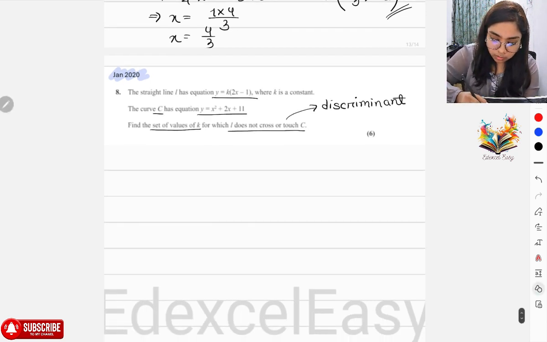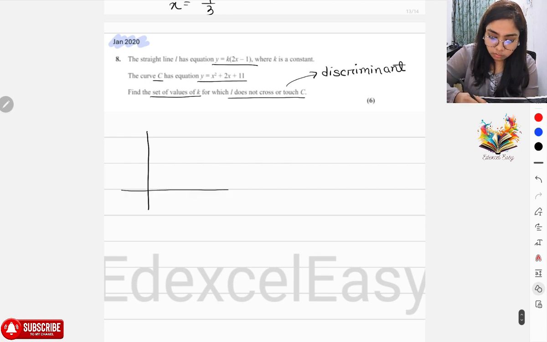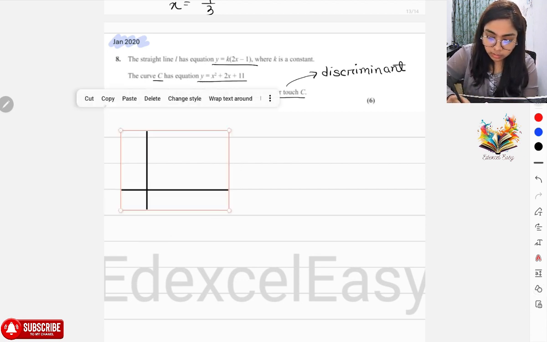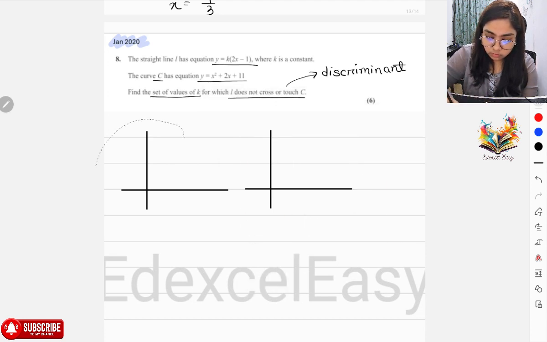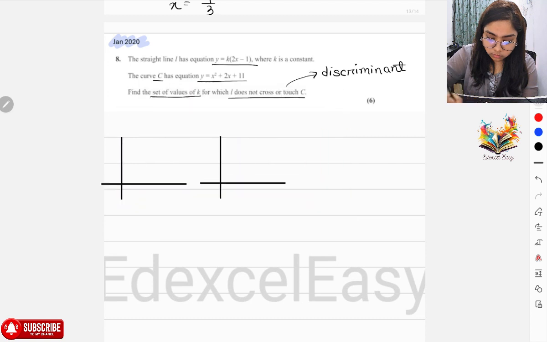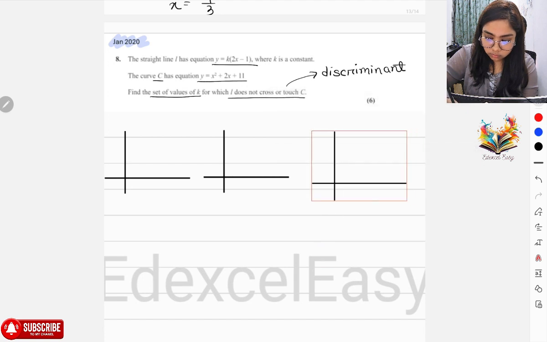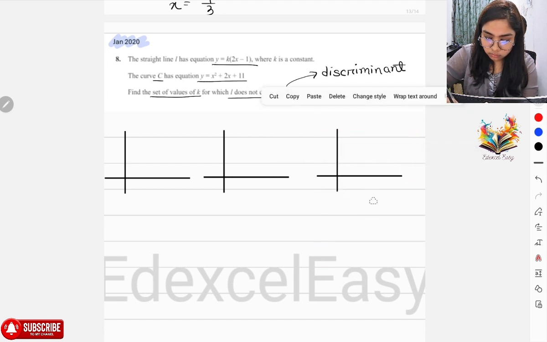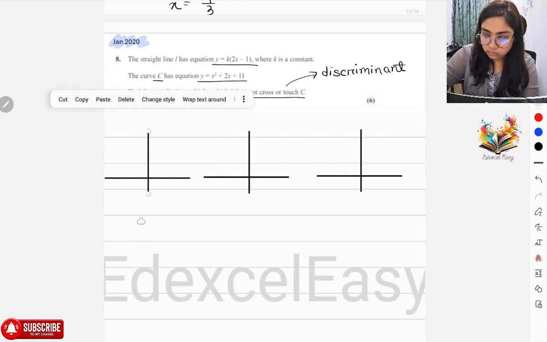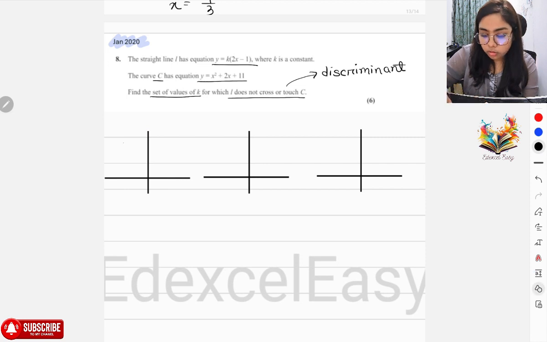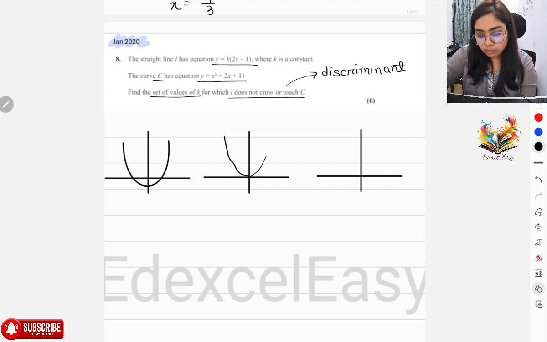Now, if you guys remember how to calculate discriminant, there were three specific graphs. I'll just copy the axis and then draw 3 graphs. Now I'm only drawing this for positive quadratic graphs, okay? But the same can be used for negative quadratic graphs as well.